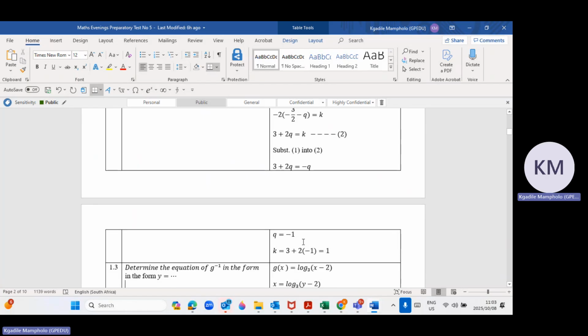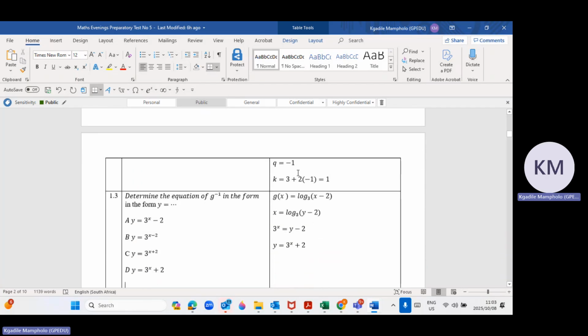To get k, you substitute q into one of the equations. In this case, you substitute into equation 2. Even if you substitute into equation 1, you'll get the same answer.